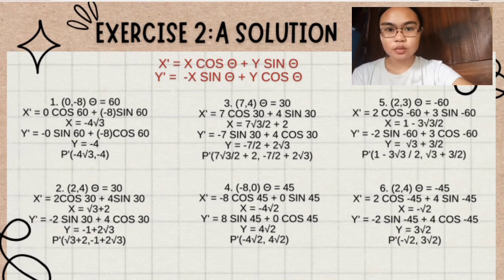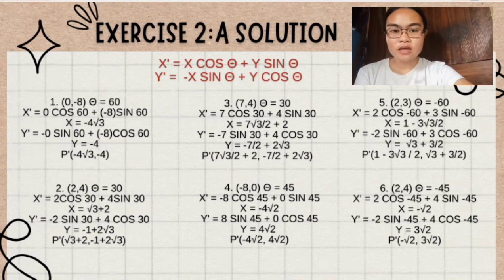And for our number 2, our p is 2 and 4, and our theta is 30. So x dash is equals to 2 cos 30 plus 4 sin 30. So our x is equals to square root of 3 plus 2.